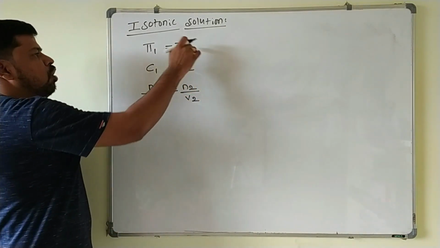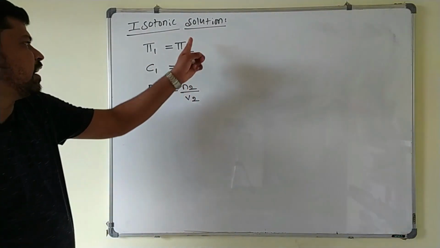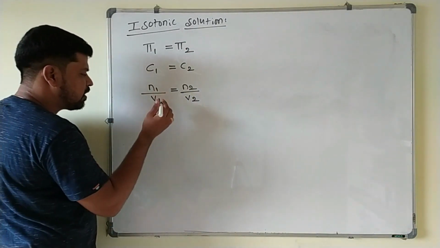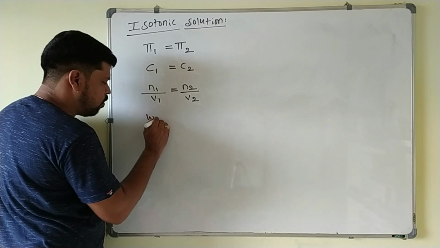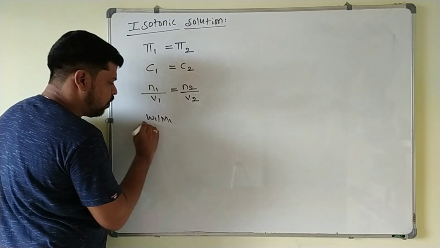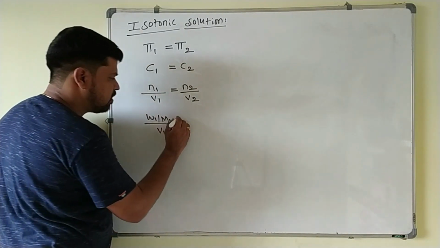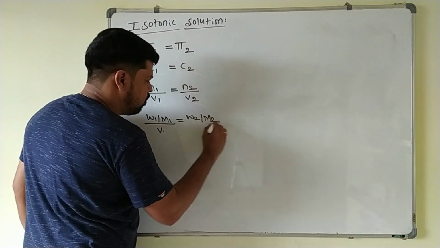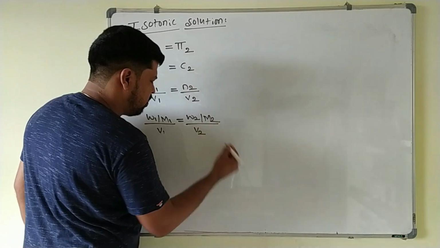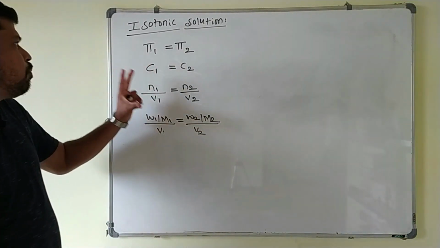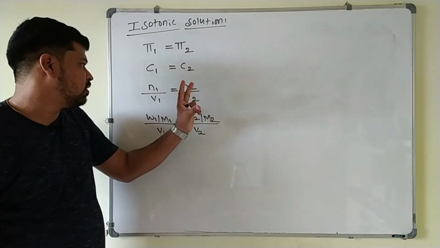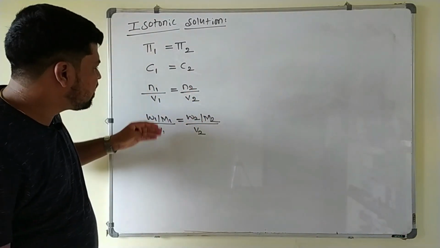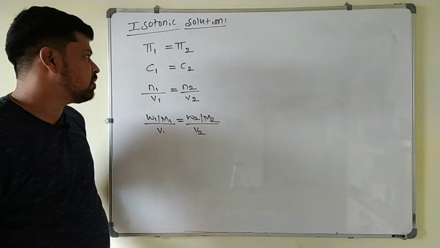V2 is the volume of the second solution, and V1 is the volume of the first. The number of moles can be written as mass by molar mass, so W1 by M1 divided by V1 equals W2 by M2 divided by V2. This is the important condition for isotonic solutions. Sometimes problems are asked on this, and these relations are very helpful to solve them.